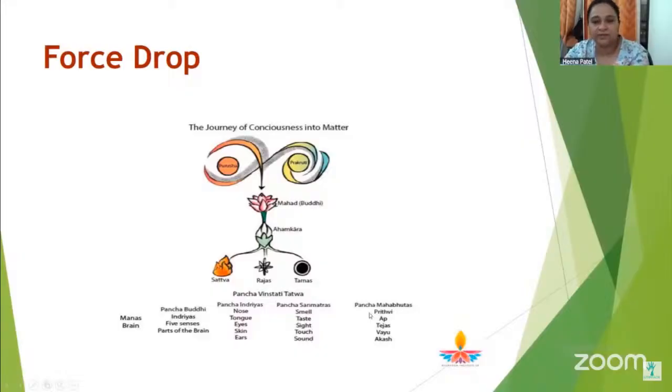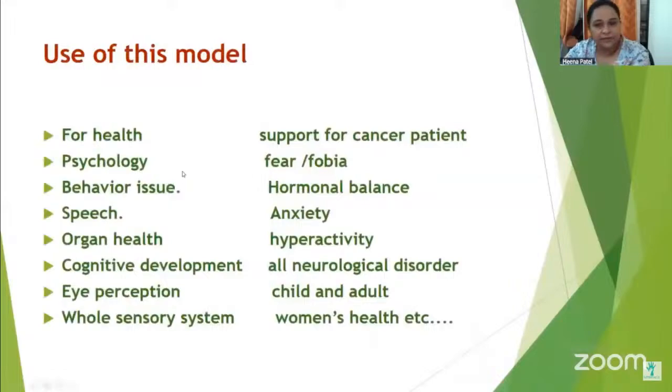First, I want you to understand the basics of our existence and where we can use this model for health, psychological issues, behavioral issues, speech problems, organ health, cognitive development, eye perception, the whole sensory system, support for cancer patients, fear, phobias, hormonal imbalance, anxiety, hyperactivity, all neurological disorders, children's and adults', women's health, fertility, immunity problems, and the list goes on, because if these forces get disturbed, then only it will create a disturbance at the physical level.